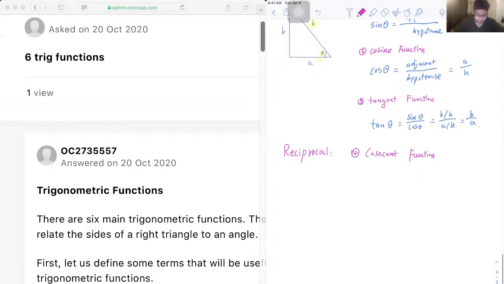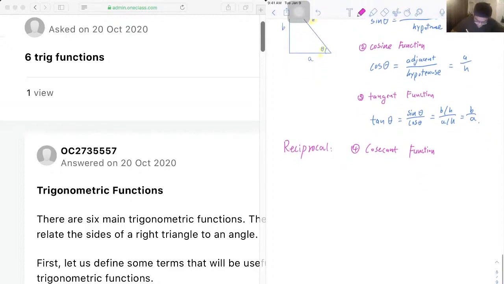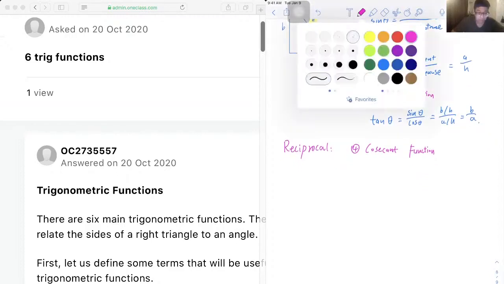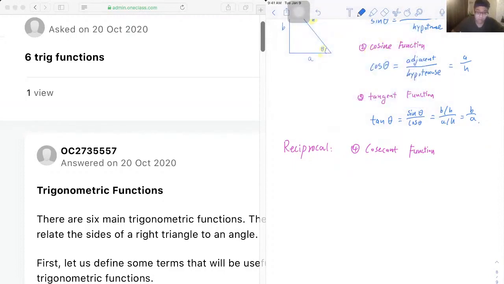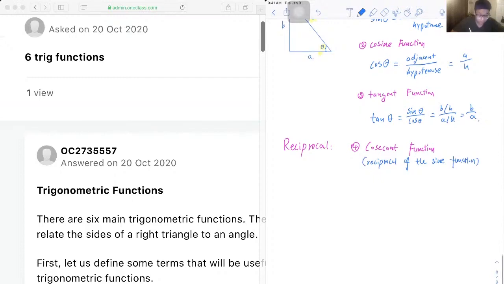This is a reciprocal of the sine function, represented by the symbol CSC.